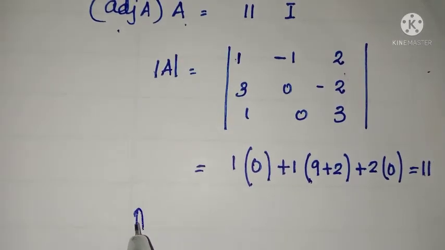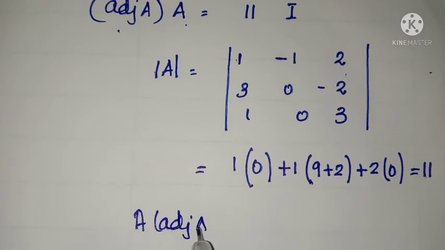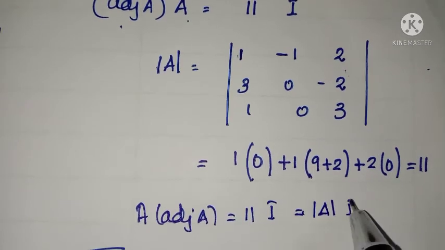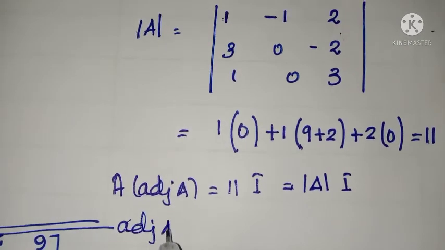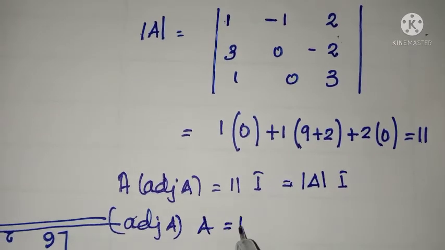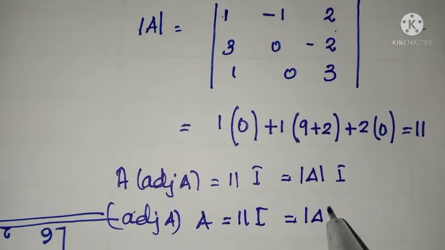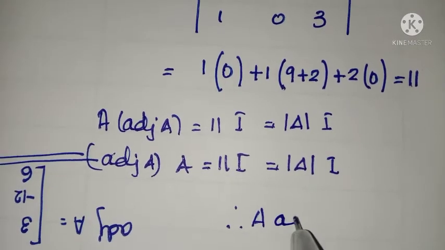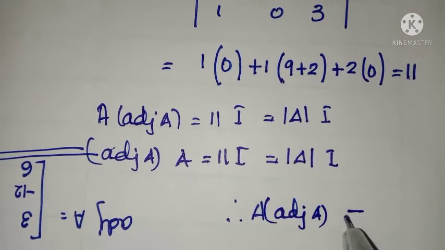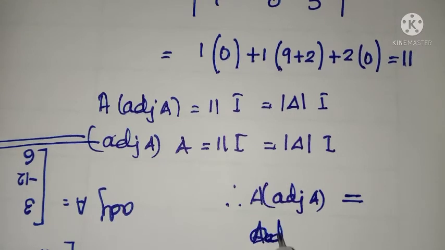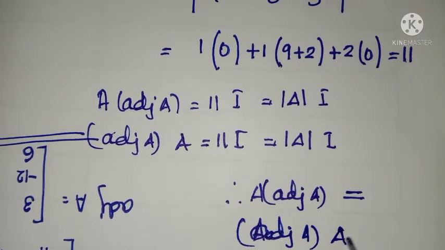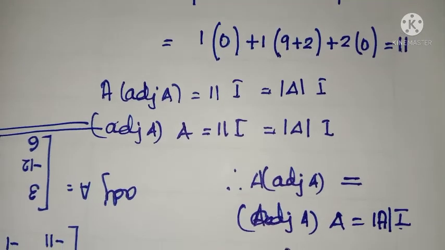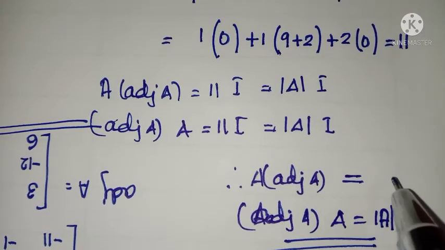So by our result, A into adjoint A gives 11 into I. 11 means determinant A into I. Adjoint A into A, that also gives 11I. 11I is equal to determinant A into I. Therefore, A into adjoint A is equal to adjoint A into A is equal to 11I, or determinant of A into I. Okay, so verified.